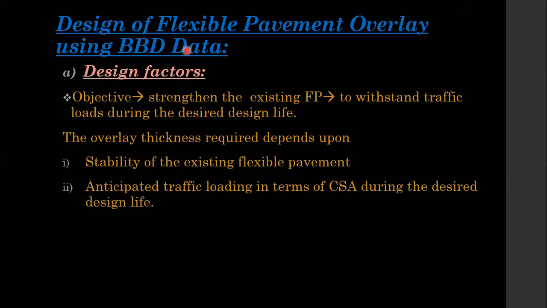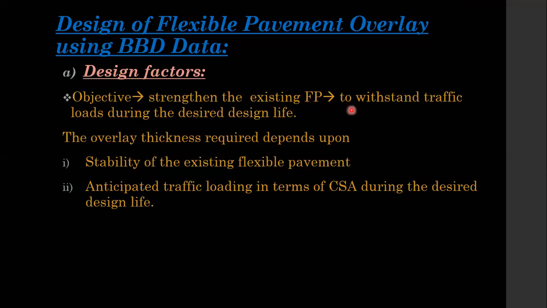That is design factors. What is your objective? The objective of the design of flexible pavement overlay using BBD data is to strengthen the existing flexible pavement. That means you have already constructed the pavement. After 1 or 2 years, you analyze the pavement and notice that some amount of strength has been reduced. Usually 100% strength was there, now the strength has been reduced to 50%.